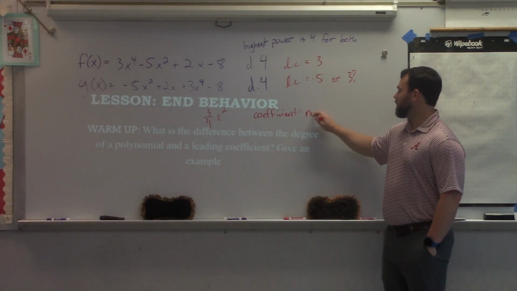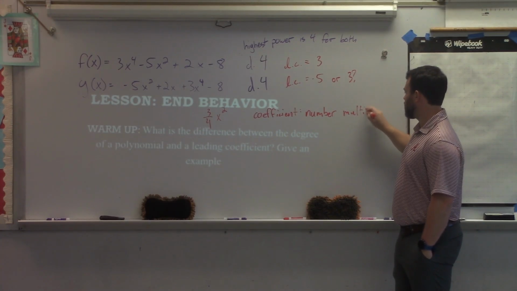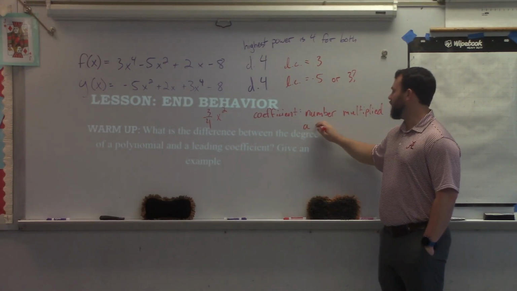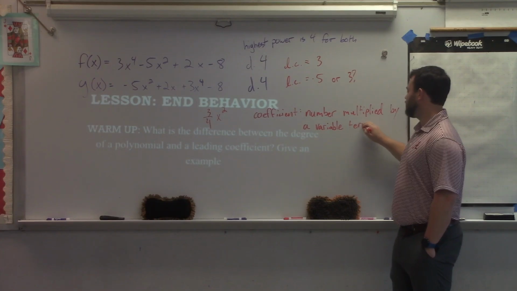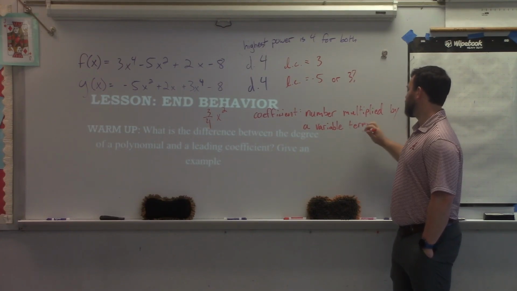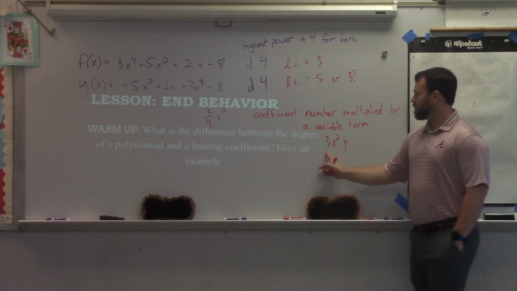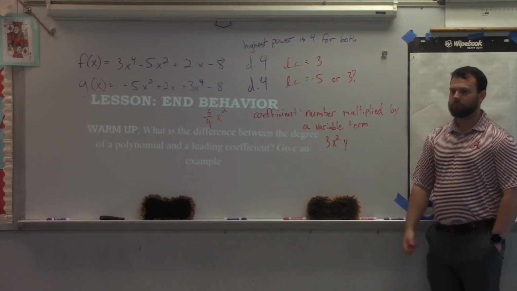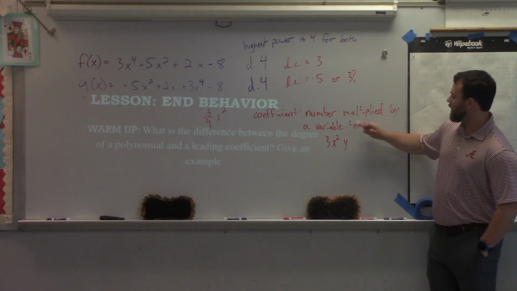So a number multiplied by a variable term. Okay, yeah, I'll say term. So like in this case, notice 3x squared y, what's the coefficient? 3, right? Like that's all a coefficient is. It's the number being multiplied by a variable. Let's say expression.